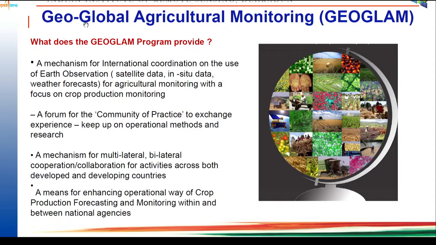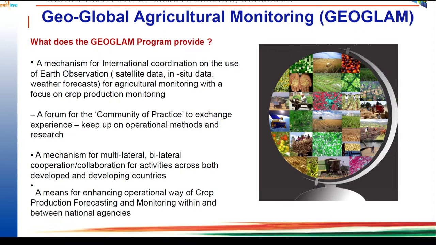GeoGLAM is a global agriculture monitoring system with four crop monitors: wheat, soybean, maize, and sorghum. All of the earth observation data, in situ data, and weather forecasts are analyzed to give crop status, crop condition, and an early outlook of the crop condition.